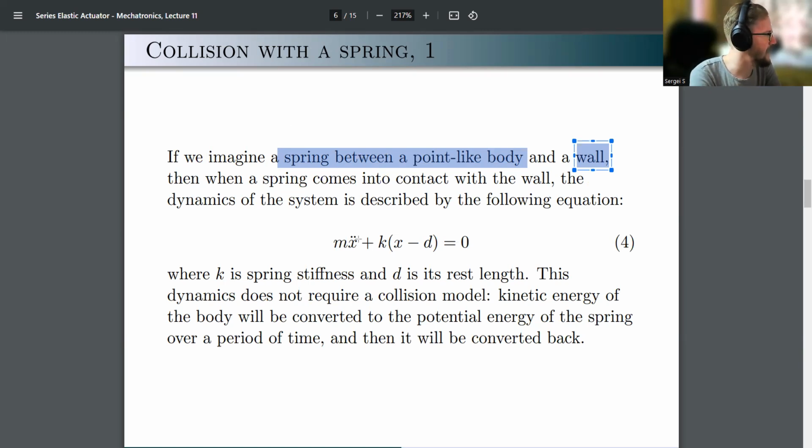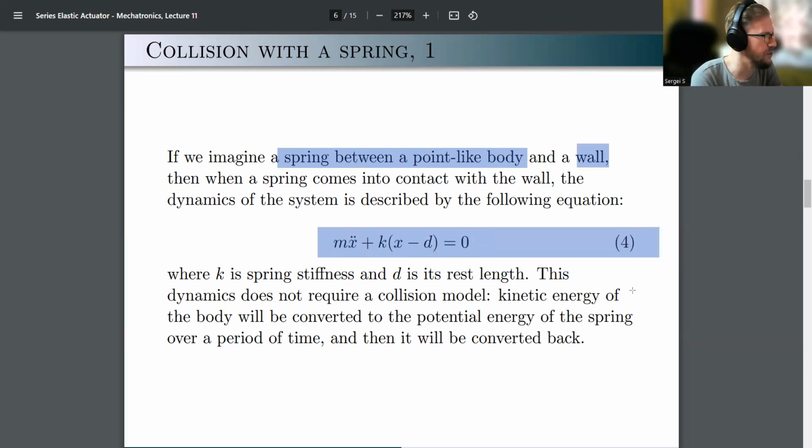And as soon as the spring touches the wall and the body, it depends on where you place the spring. Let's say it is attached to the point-like body, then as soon as the spring also touches the wall, the dynamics becomes like this. This is the dynamics. In this equation, K is stiffness and D is rest length of the spring.